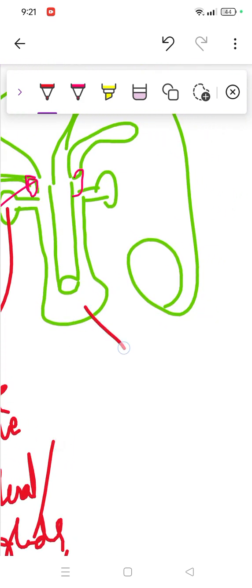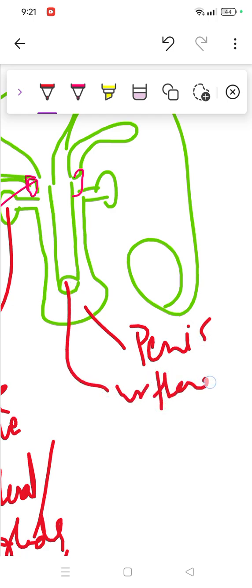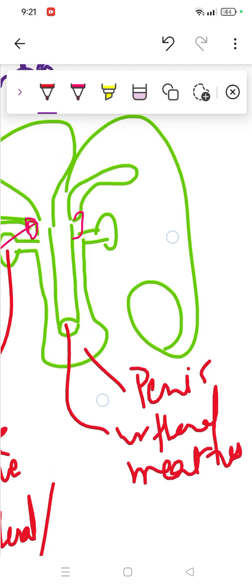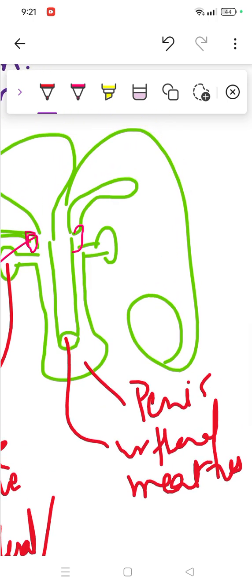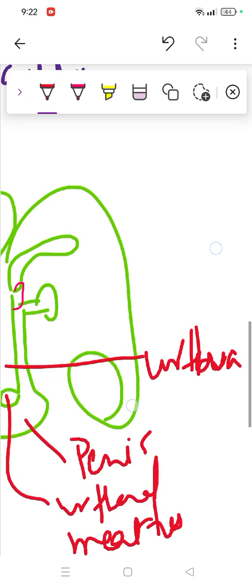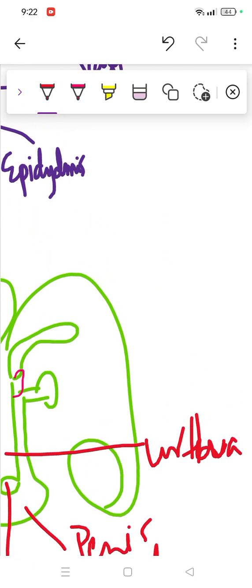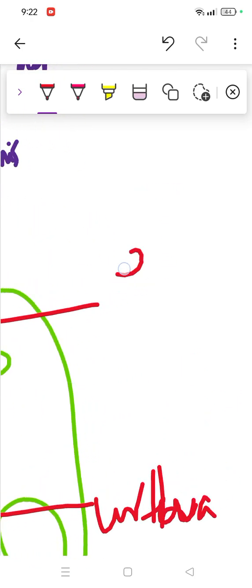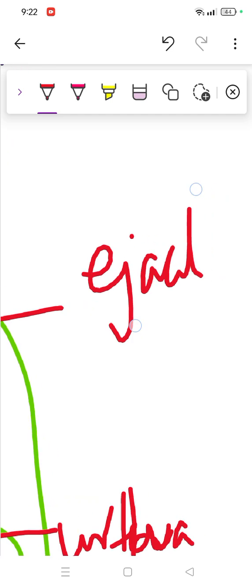Then this is the penis. This opening is called the urethral opening or urethral meatus. Then this is the urethra, and what else here? You'll see this wire-like structure called the ejaculatory duct.